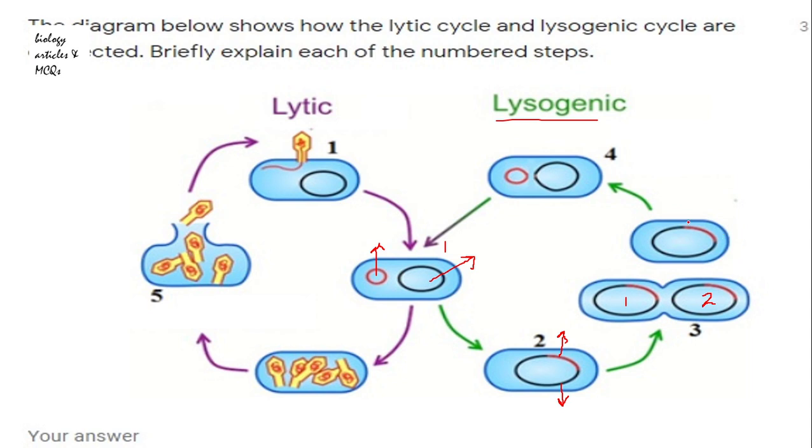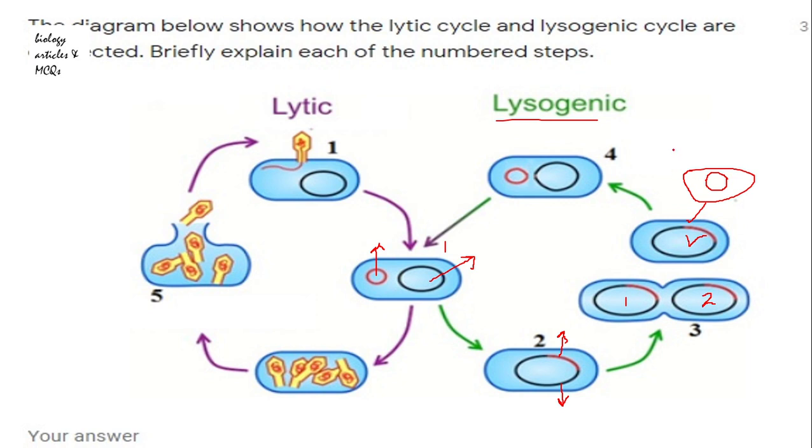Here this is the first daughter cell, and this is the second daughter cell. The two daughter cells are formed, and note that the replicated DNA is passed to both of the daughter cells. Replicated DNA is present in this daughter cell and also in this one, and that replicated DNA has parts of both bacterial and prophage DNA.